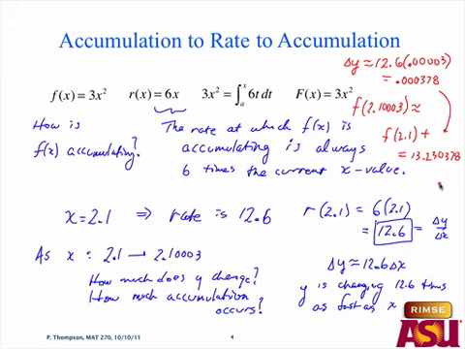So given any change in x, we can get that amount of accumulation for that little change of x, and we can use that change to approximate some total accumulated quantity. We just take the initial starting accumulated quantity and add the change, and we get the final accumulated quantity, which would estimate the accumulation at that final x value. Does it make sense? Anybody got a question? Yeah, Talia.